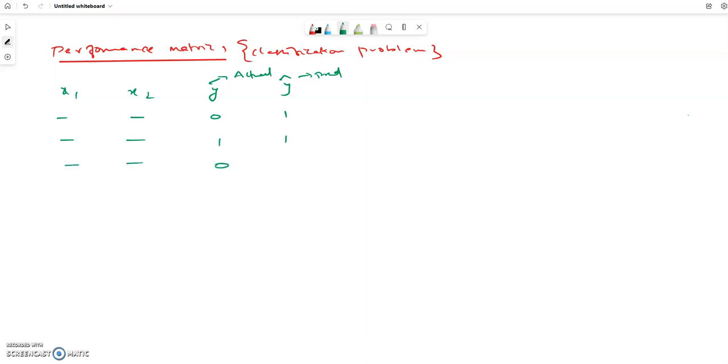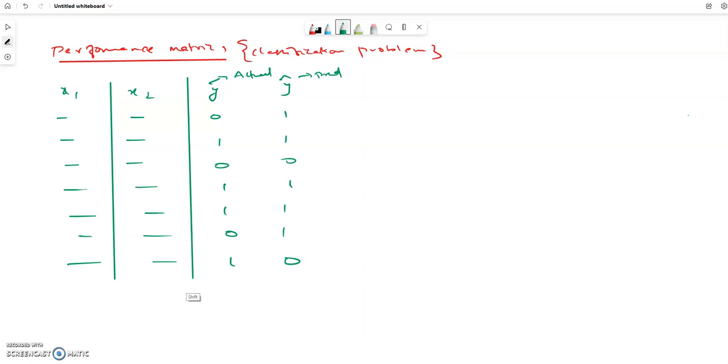Let me write here 0 0, with the output 1, 1 1 with the output 1, then 0 1, and let's say I have 1 0. Now I have this data set based on the features x1 and x2, and I have got the output. Here I have y actual and y predicted, right?